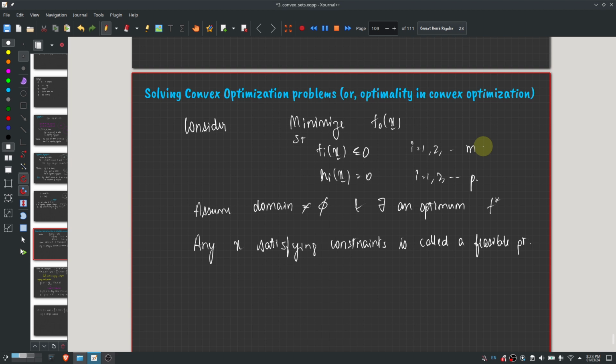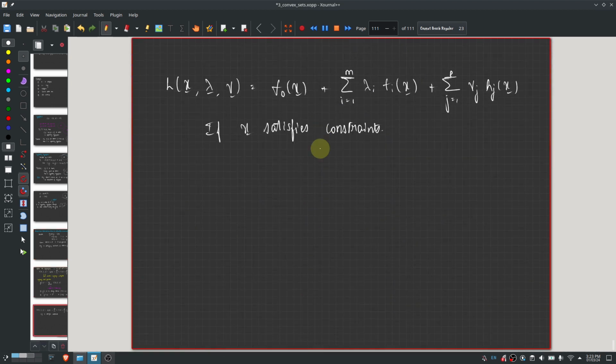It would be equal to 0, correct? So if x satisfies the constraints, then h_i of x should be equal to 0 for all i, and f_i of x is less than or equal to 0 for all i, right?